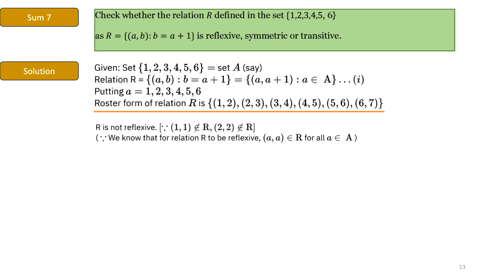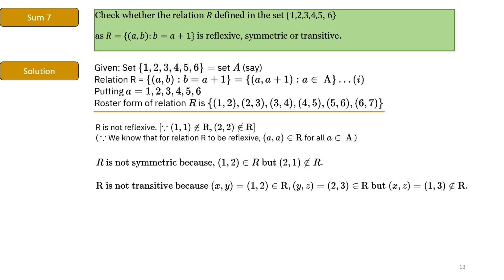R is not symmetric because while (1, 2) belongs to R, (2, 1) does not belong to R. R is not transitive because while (1, 2) is in R and (2, 3) is in R, (1, 3) is not in R.